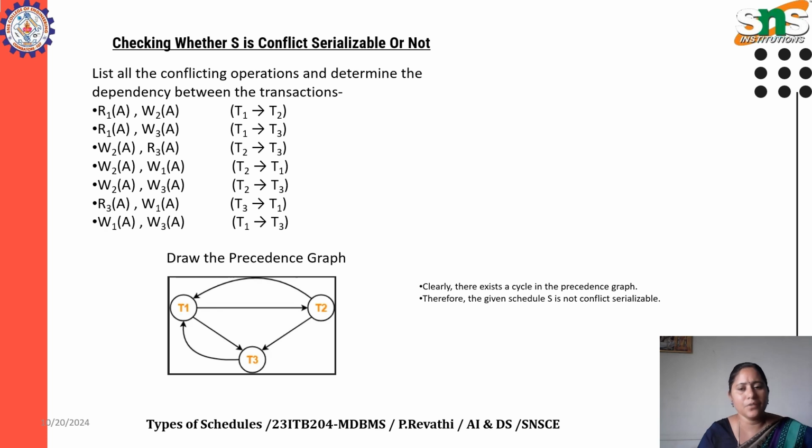Therefore, the given schedule S is not conflict serializable, because we have already seen that if there is no loop or cycle, it is called conflict serializable. Here there is a loop between T1, T2 and T3. So this is not conflict serializable.